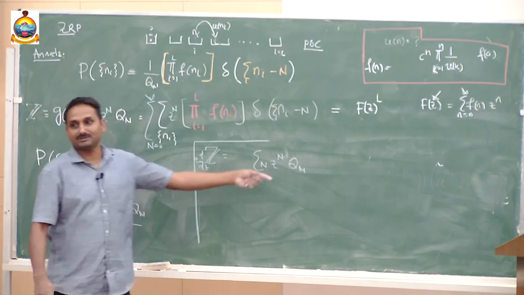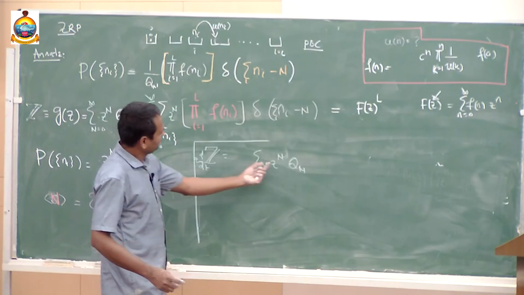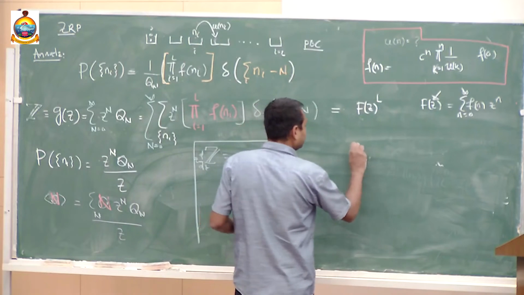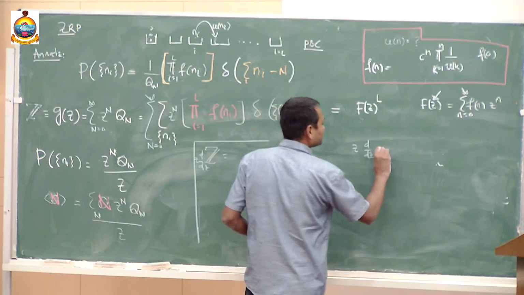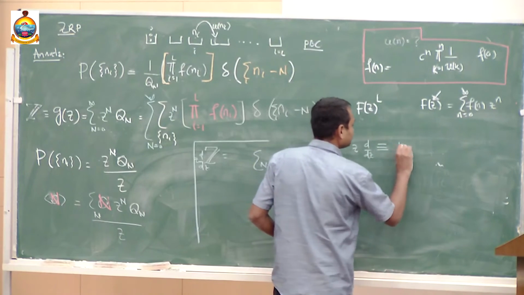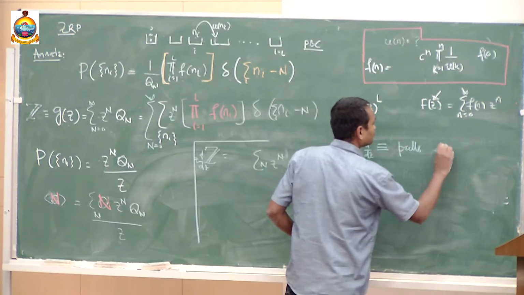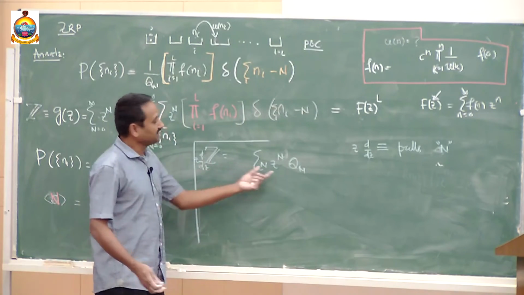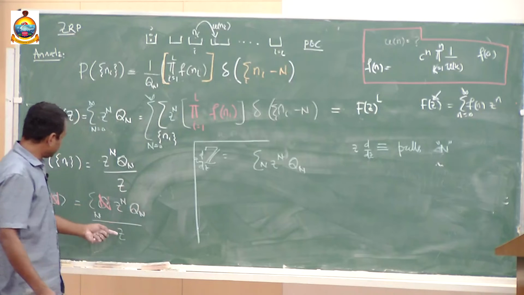Every time you multiply by z d by dz, you pull out one n. If you want n square, you just put z d by dz twice. And then there is a z below.